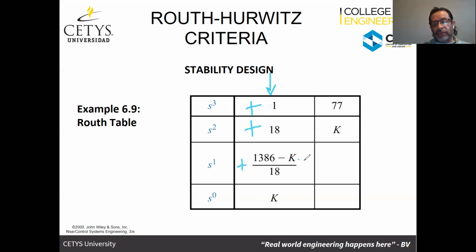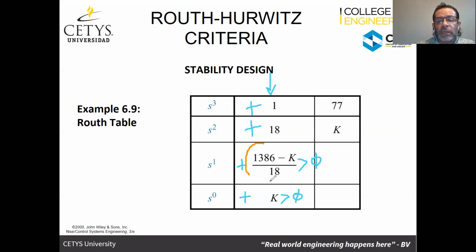That means that all of this has to be larger than 0. And that way I've just established an inequality. I also need this one to be positive. So this also has to be larger than 0. So I've established two inequalities that have to comply for this system to be stable.